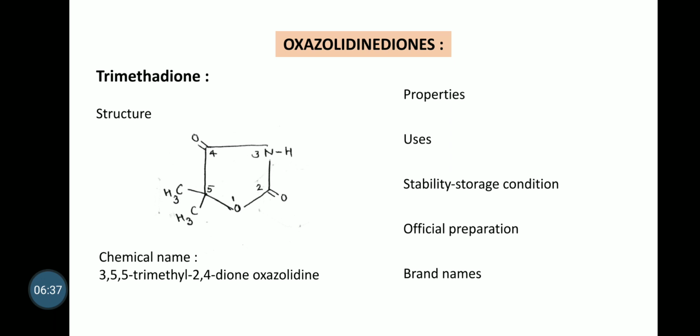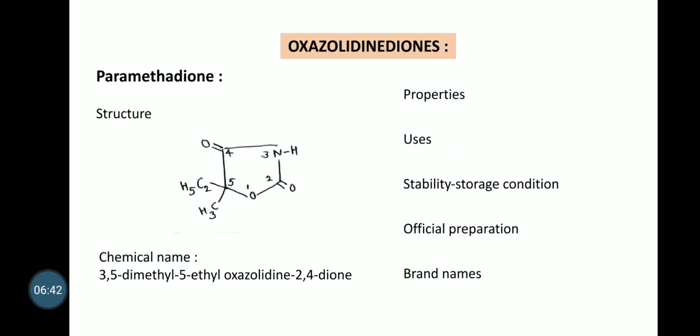Next drug: if you remember the structure of trimethadione, you can easily draw the structure of paramethadione. Now see the first structure and the second structure. What is the difference? Just see the structures properly and try to find the difference between the first and the second structure.